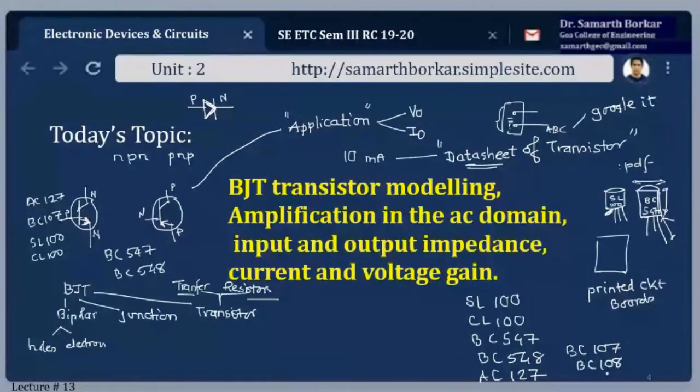Today your task is to type out these serial numbers in the Google bar and find out whether each is NPN or PNP. Right? And mostly we use these transistors in our practical setup, laboratory experiments.